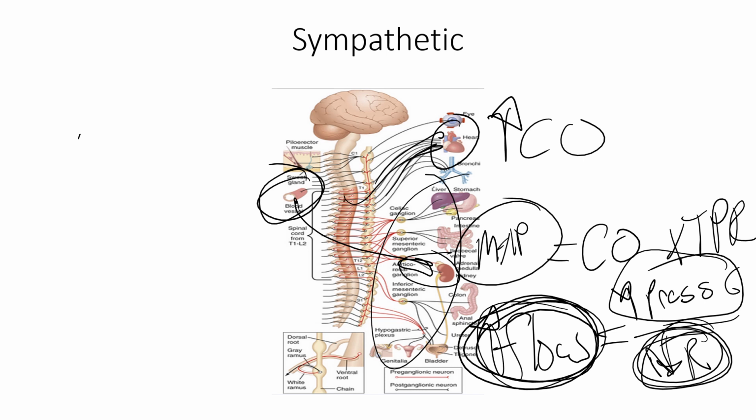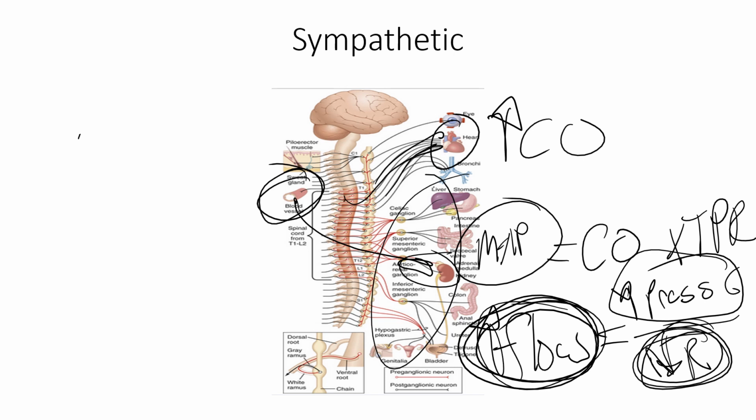Let's say that differently. The flow of blood towards contracting skeletal muscle is significantly increasing, while the flow of blood towards most other areas is either staying the same or actually decreasing.